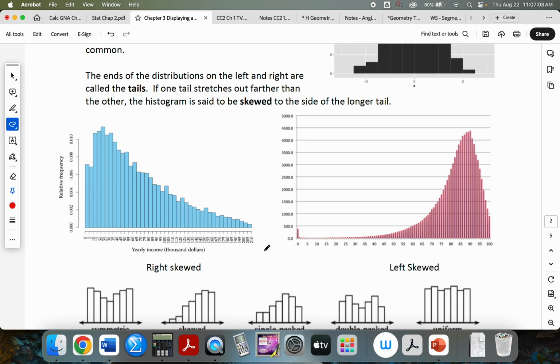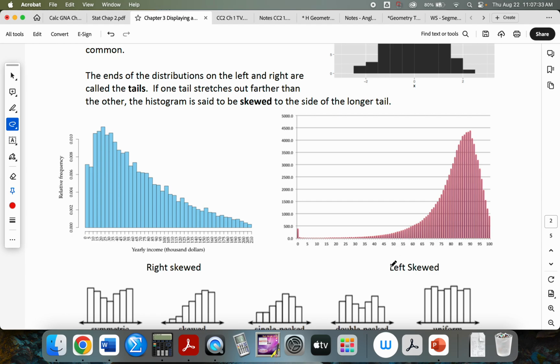And I know this is one, when I first started looking at it, I did it backwards several times. I mean, it hasn't been that long ago that I learned all this stuff. And so I did it wrong multiple times. So here your data is right skewed. Here your data is left skewed.